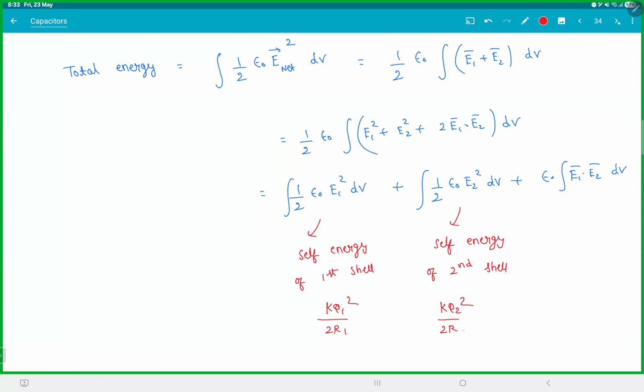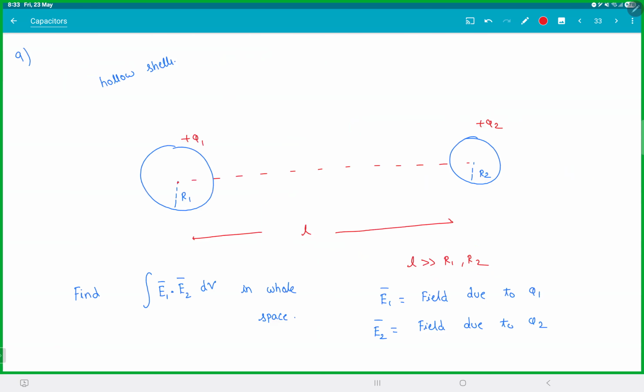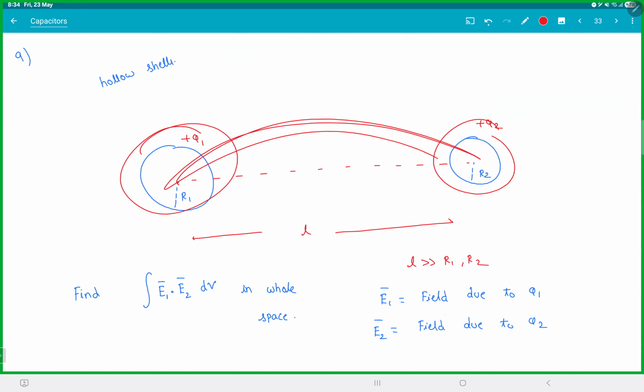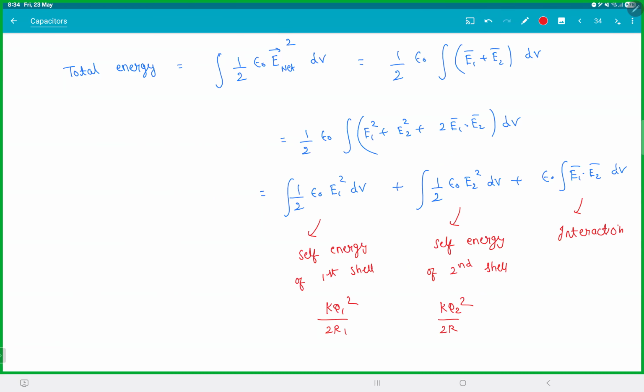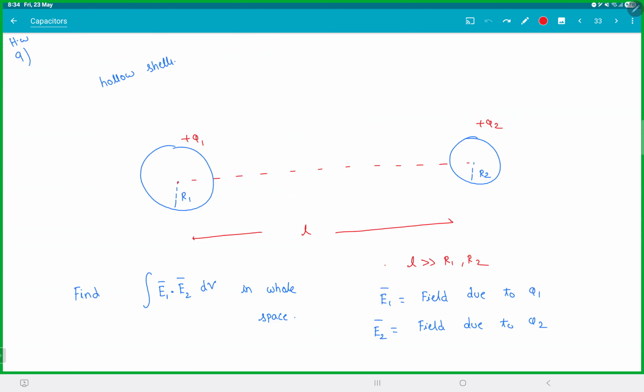So in the total energy, what is left? The interaction energy, isn't it? So there are actually three components of energy: two self energies, and an interaction between them. That's your third energy, the interaction energy. And what is the interaction energy? Because L is much, much greater than R1, R2, you can treat them as point charges, since the distance is very far.